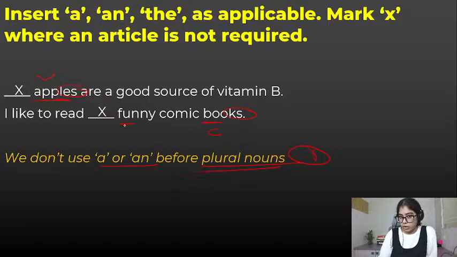I mean, f is also a consonant. इधर क्यों मार्क किया, ये क्यों नहीं? मैंने starting में बताया, articles adjectives होते हैं जो nouns के आगे लगते हैं. Funny और comic दोनों ही noun नहीं हैं, दोनों ही adjective हैं. ठीक है, ये दोनों qualities हैं books की.